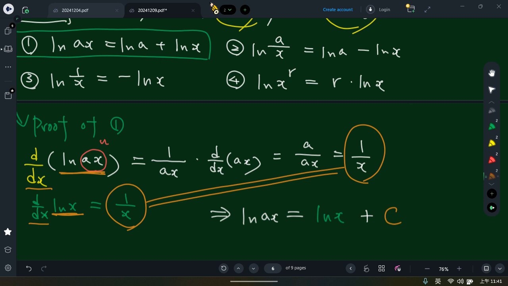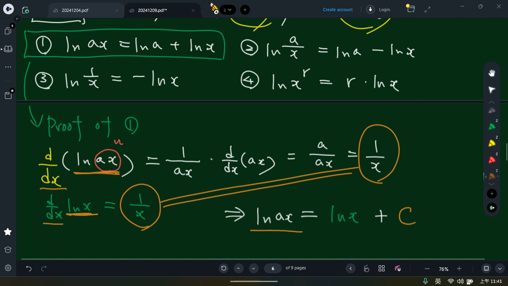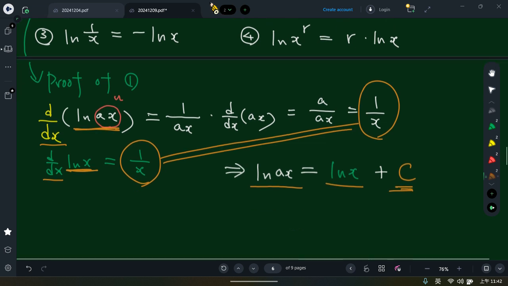If 2 functions, I don't know what these 2 original functions are, but I know their derivatives, and these 2 derivatives are the same, then these two original functions, the difference is plus c. Okay, so the result will be like this one.